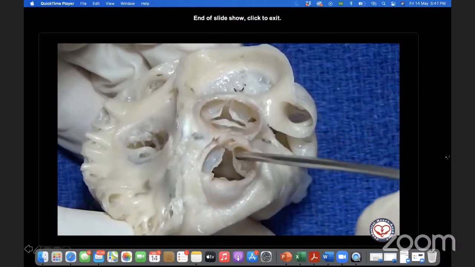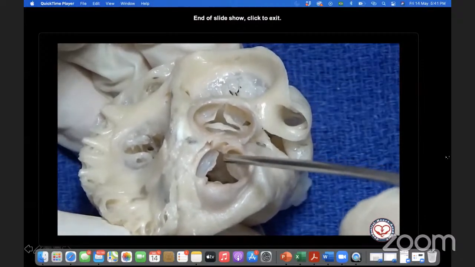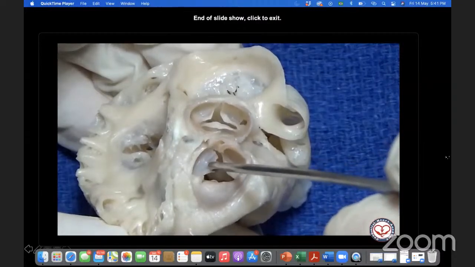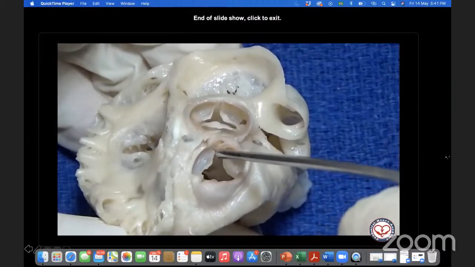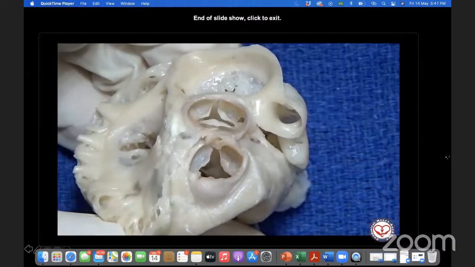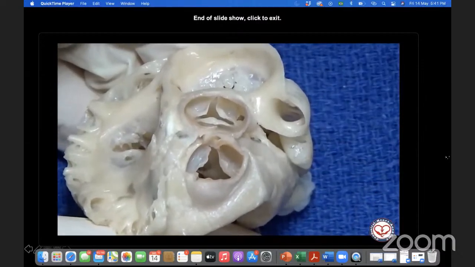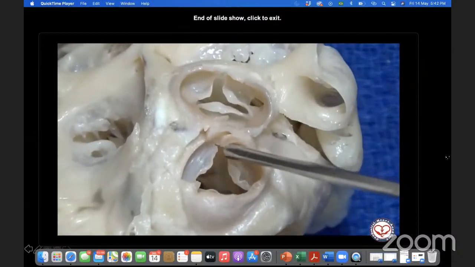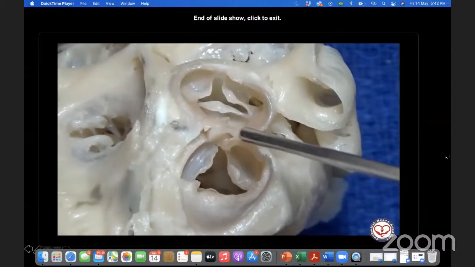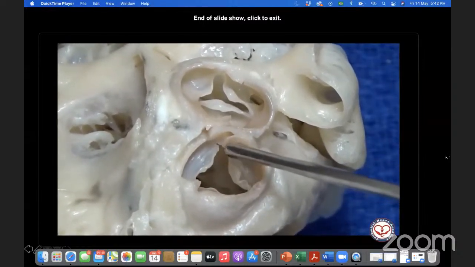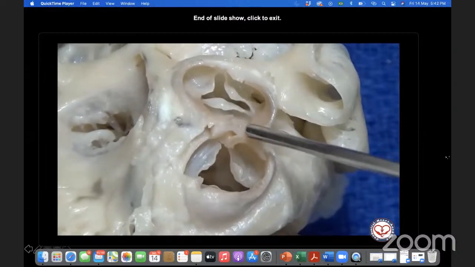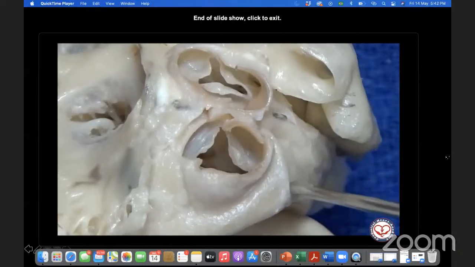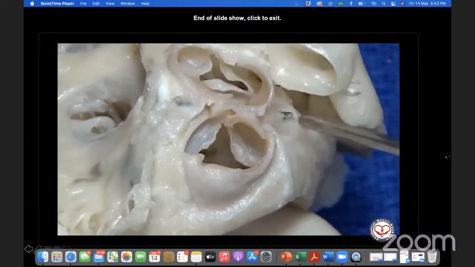And the left coronary orifice has been cut along its length as it exits this left-hand facing sinus and crosses a commissure, so that the left coronary artery has a short intramural course as it crosses that commissure. So you can see the aortic wall and that short intramural course that it takes before it divides into the anterior interventricular and the circumflex branches.